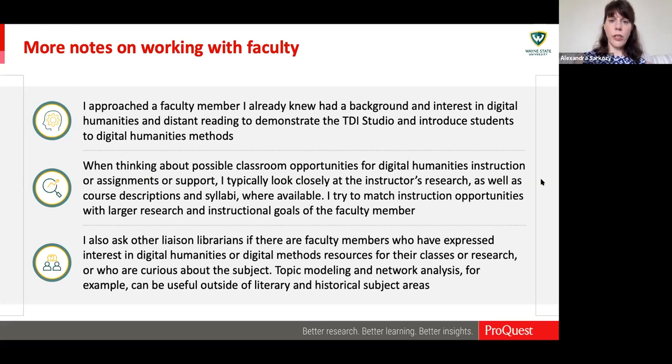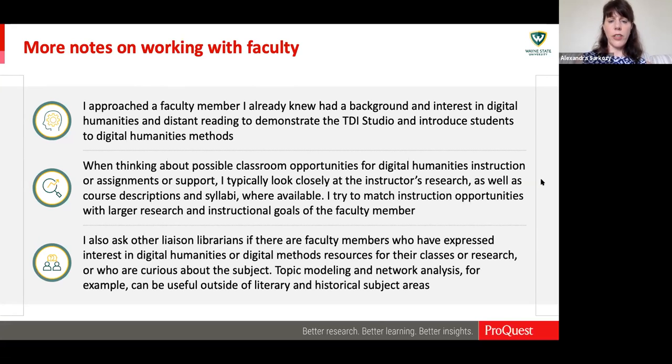And I wanted to include a few more notes on working with faculty because it can be difficult to get into the classroom in the first place, and it can be difficult to bring digital humanities into a classroom and a tool like this. Not all faculty are on board with computational humanities.